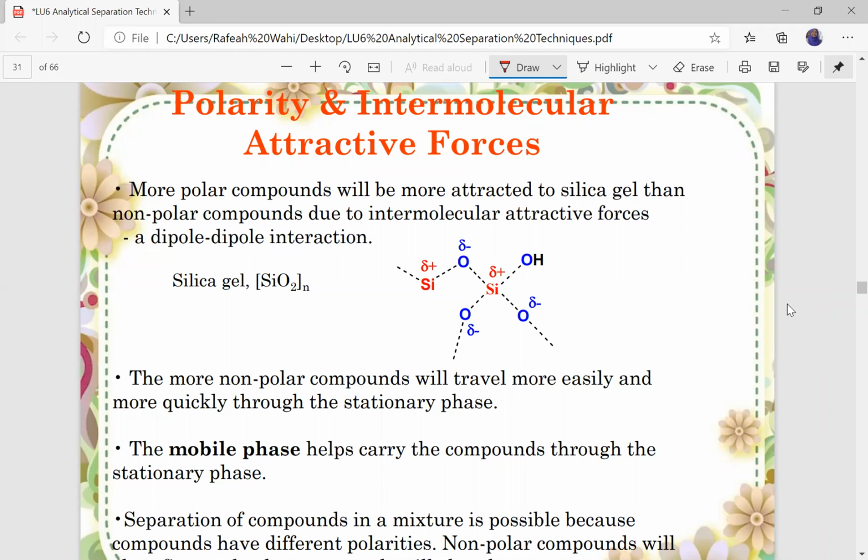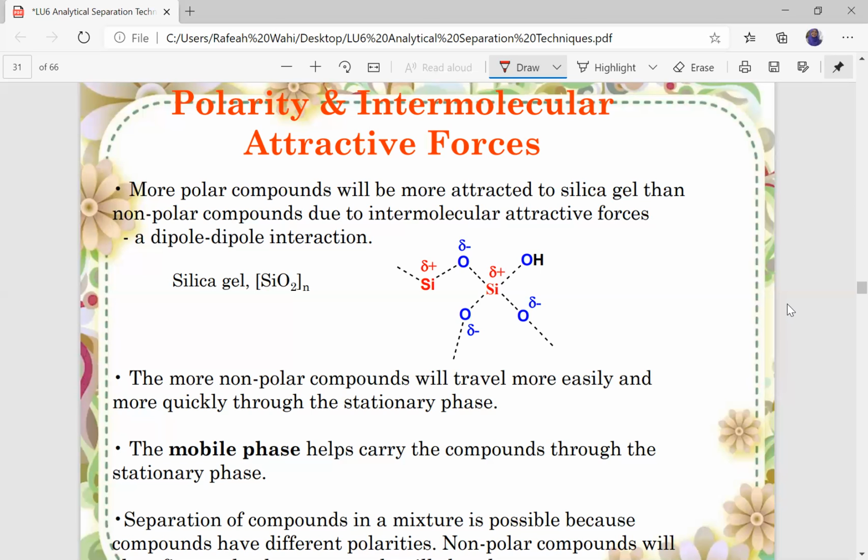Okay, it's easy. The concept is that more polar compounds will be more attracted to the stationary phase. In the case of TLC, we have silica gel or alumina. More polar compounds will be more attracted to silica gel than non-polar compounds due to the intermolecular attractive forces, which is a dipole-dipole interaction.